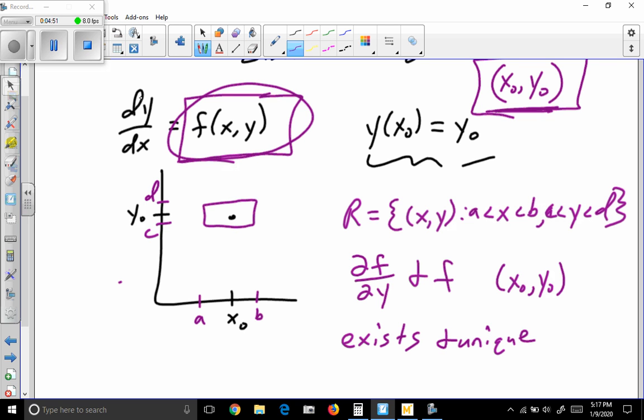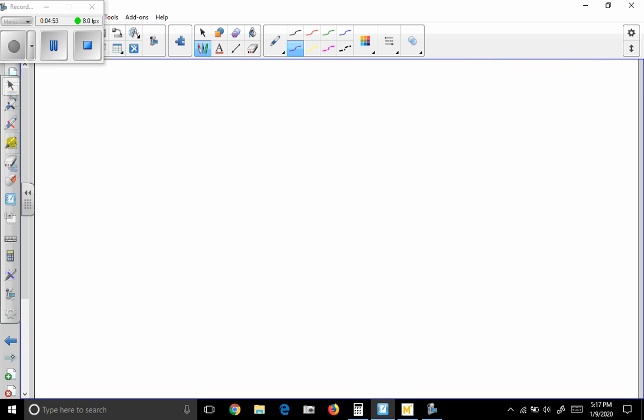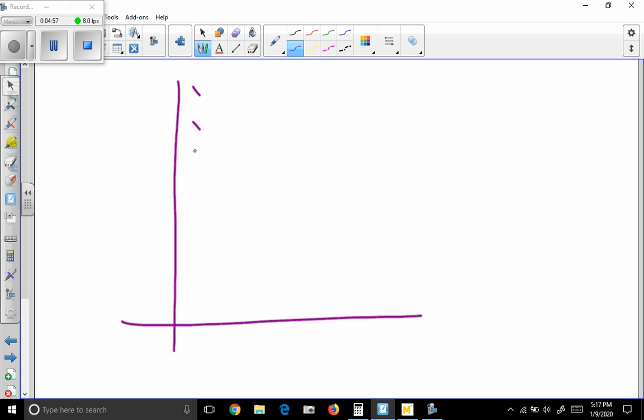Which means, and again, we haven't really talked about slope fields yet, but you might remember talking about vector fields, slope fields, things like that from calculus. If we have one of those fields, if you give me an initial point, some starting point, there's only going to be one solution curve.